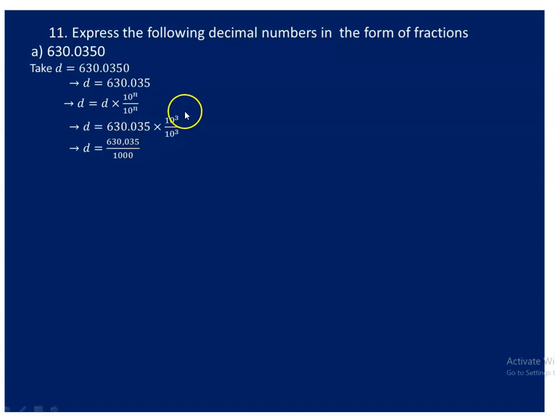But if you are multiplying by a negative exponent, the decimal will move to the left. For the time being it is positive 3, so we need to pass 3 digits. Take this point, move 1 unit to the right, and then move again, 2, and finally when you come to this, the point will be out. So what is remaining here is 630,035 alone. And here we have 10 to the power of 3, so 1000 comes.